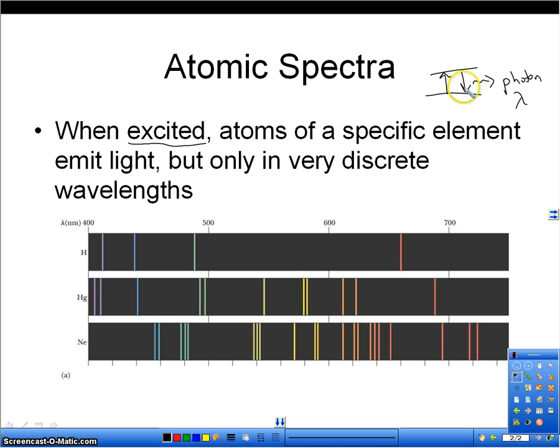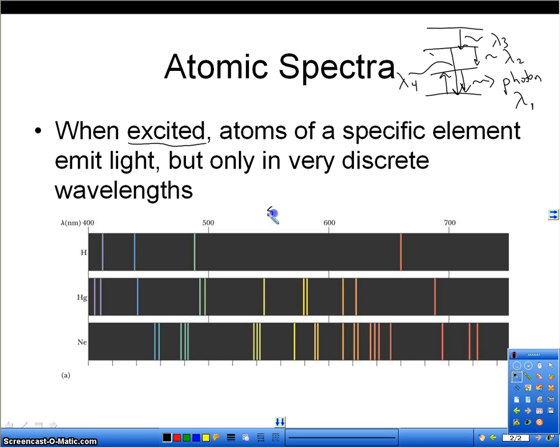So if you were looking at that atom get excited, you would see specific photons of light that correspond to all the various jumps in energy level. Each one of these is a different photon of light. So this might be one photon. This would be a different wavelength right here. And that one would correspond to another wavelength right there. And this one would even correspond to another wavelength right there. So each one of these wavelengths you would be able to see. And if they were visible, they would show up as stripes.